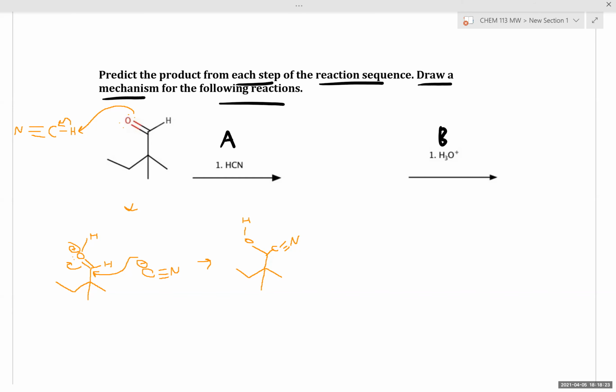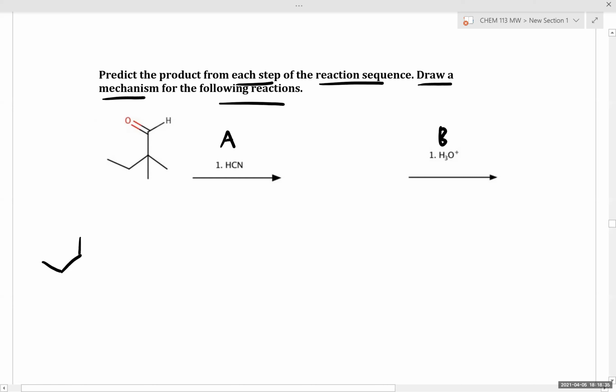Now, if we treat this cyanohydrin with aqueous acid, what will happen next? To help us have a clear starting point here, I'm just going to redraw the mechanism and product for this first step, so that we have a common reference point before moving on to the next mechanism. So we're going to protonate our aldehyde.